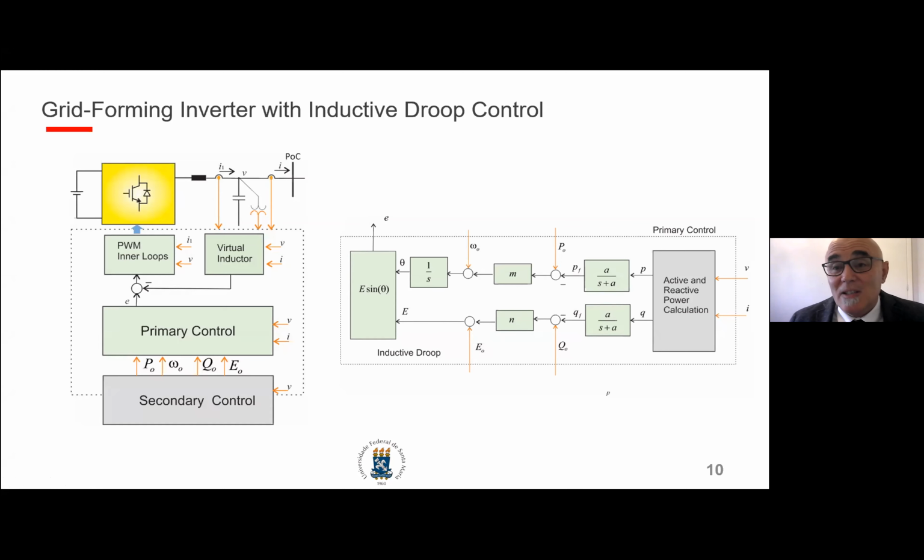UPS systems in the 80s used droop control for paralleling UPS. Of course, here the problem is a little bit different because we are dealing, as Ivan mentioned, with large systems, a system that can grow. In a UPS environment, you have control of the devices, the inverters that are connected in parallel. In a microgrid, it's not this case.